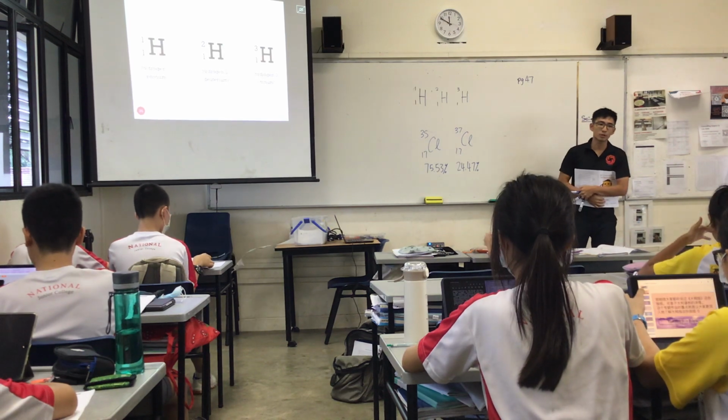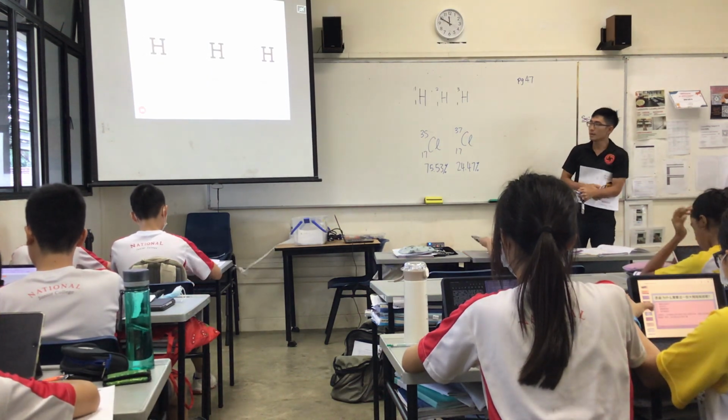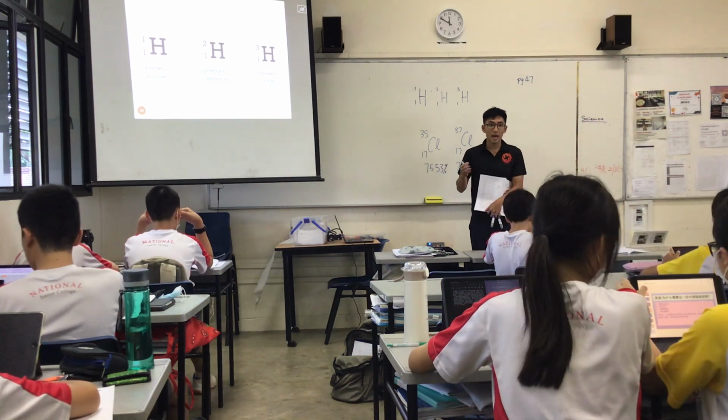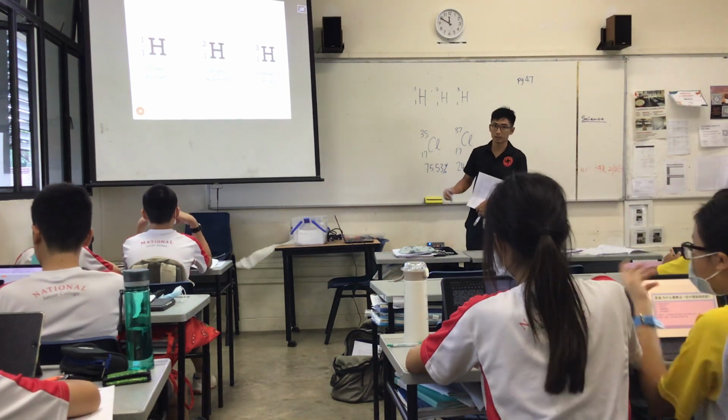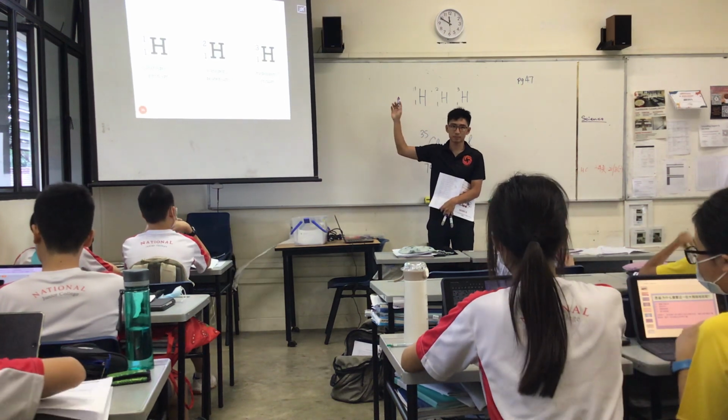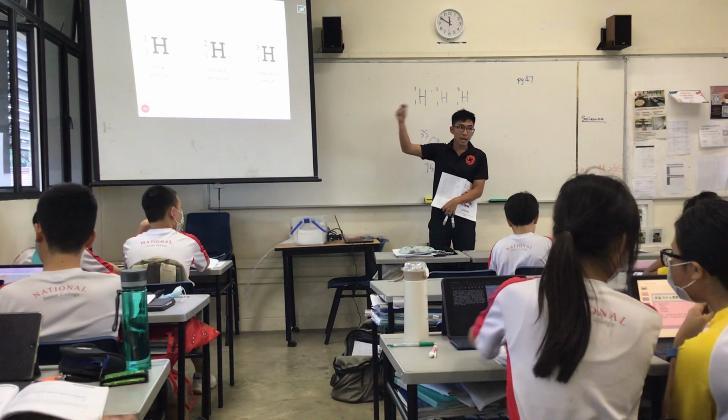I think I've already introduced you a few times that when you look at elements, there are often various atoms that you can find within an element. Are you ready? Okay, let's look.